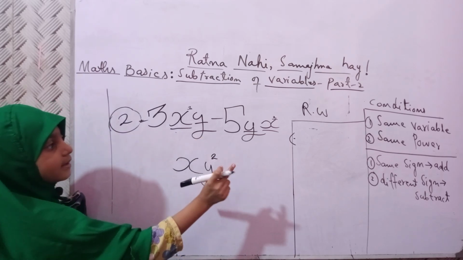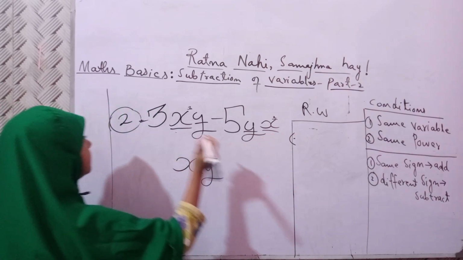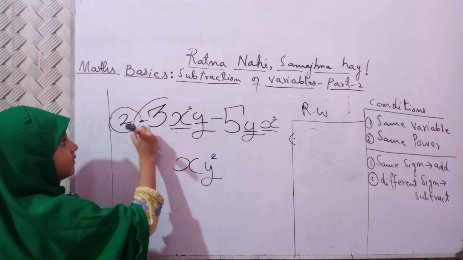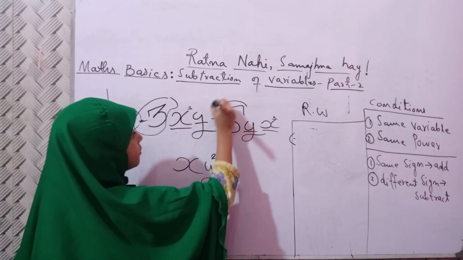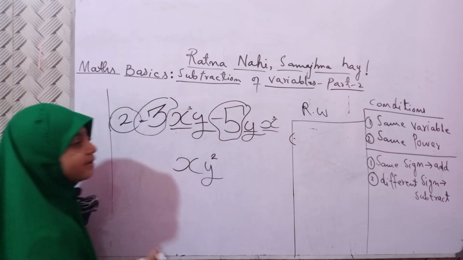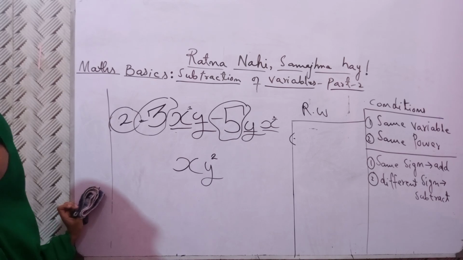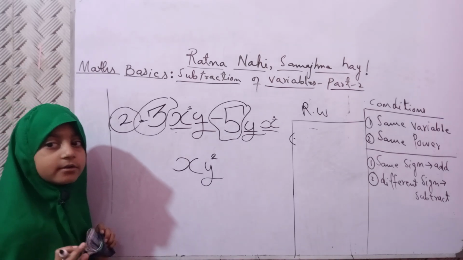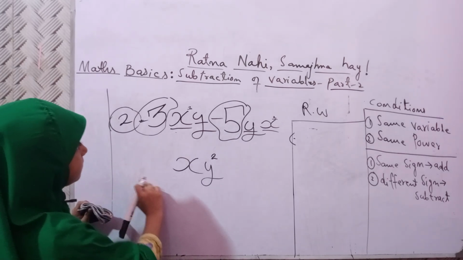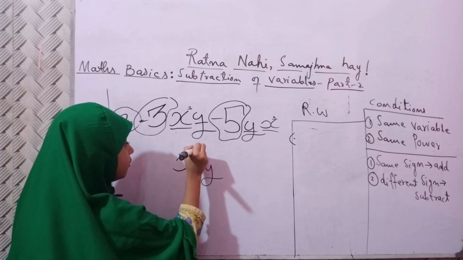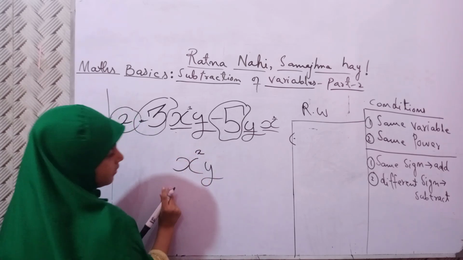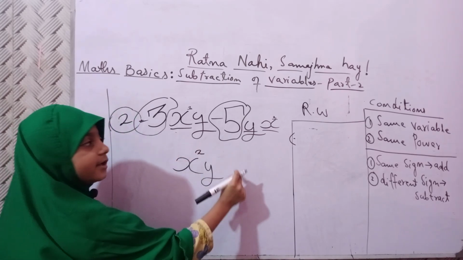Look, I will do the rough work, and I did not tell you one thing. You know what they called? I circle it now. You know what they called? They called coefficient. And now I will do the rough work.